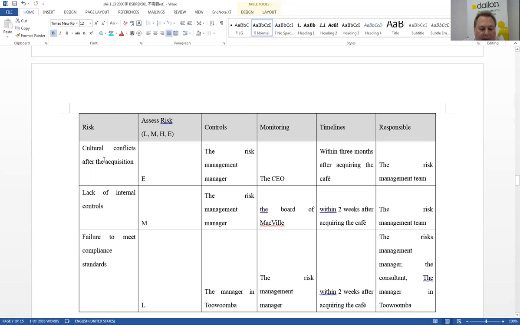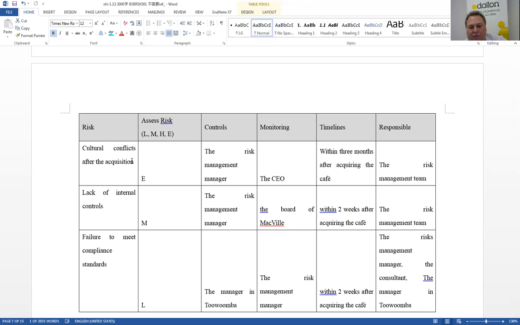Cultural conflicts means when McVille's Cafe takes over Hurley's Cafe, there may be some cultural arguments, employees arguing amongst one another because Hurley's employees have a system in place for their operations of the cafe, whereas McVille's might have a different system in place.